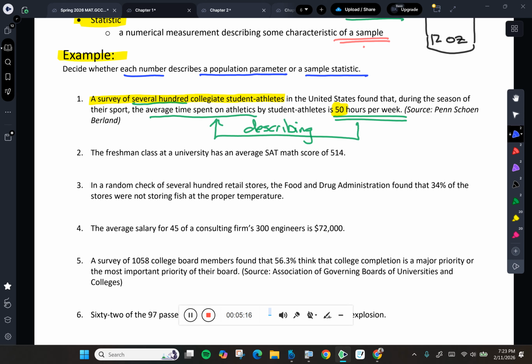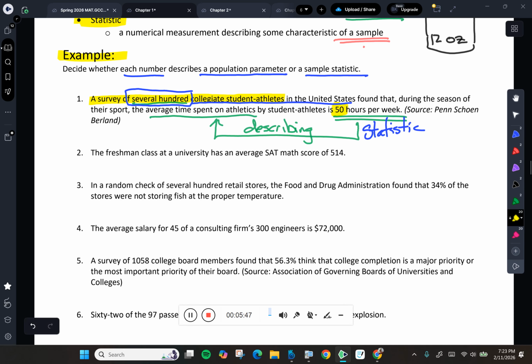Now, I'm not sure how many collegiate student athletes there are in the United States, but I'm certain it's more than just several hundred. There's probably several hundred on some football teams. So I'm betting with a high degree of certainty that we're looking at a statistic here. Okay? Because it is a number that is describing a sample from a population.